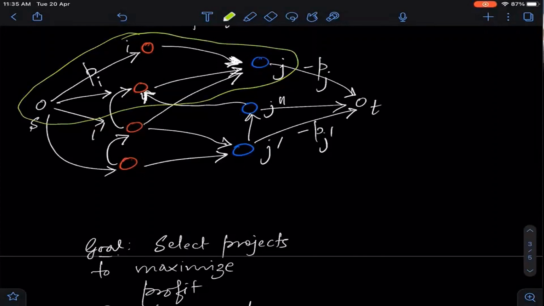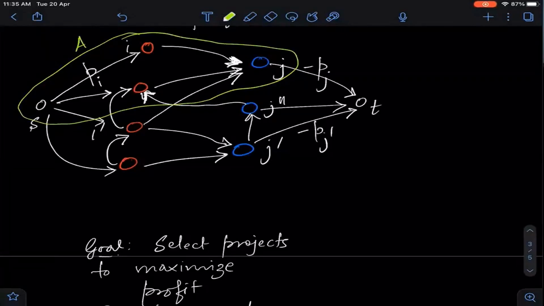Now, what I have to ensure is that if I pick the projects that belong to the green side of this cut, suppose this is the A side of the cut, this is a feasible set of projects. Okay, which means what? It should not happen that there is a project in A which has a dependency on a project which is in A prime.